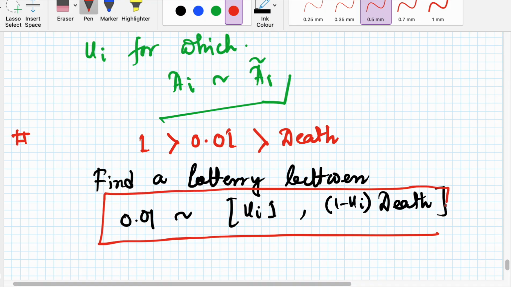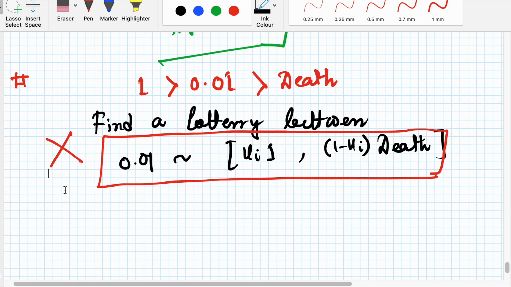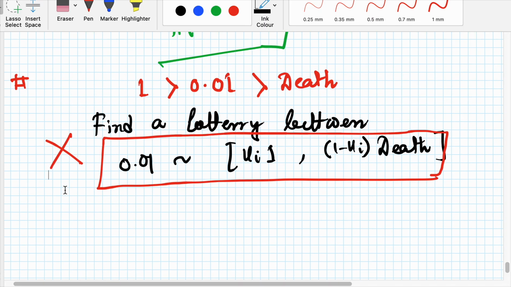Obviously no one will be indifferent with that, because if some lottery offers death with some probability, any individual will not take that lottery for any price. So apparently it seems that this continuity principle does not hold.